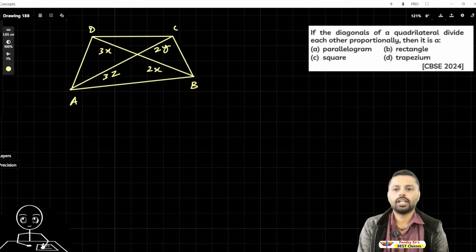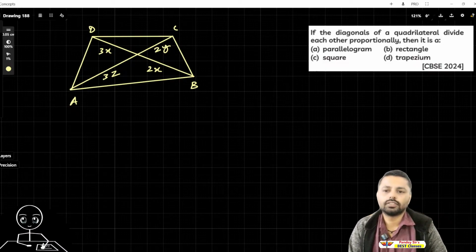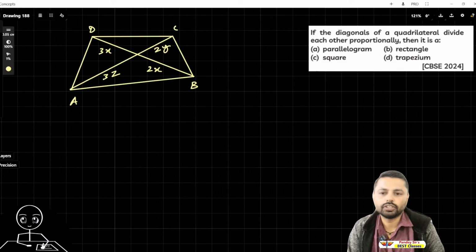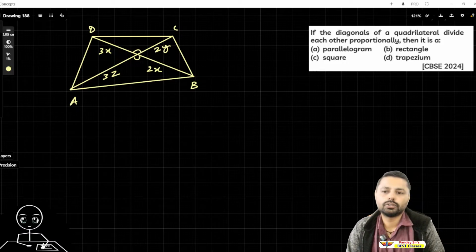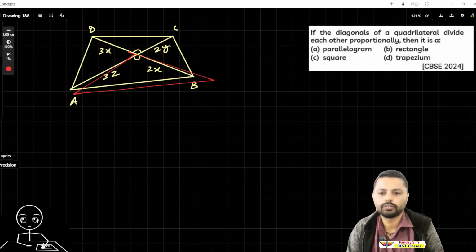Okay, now these angles are equal. Which one? This and this, because they are vertically opposite angles. So let's take these triangles, this triangle DOC and this triangle AOB.